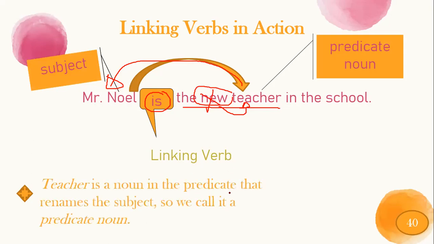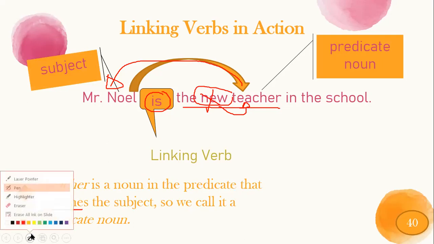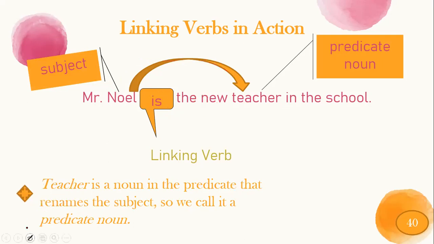Teacher is a noun in the predicate that renames the subject. I'm giving another name for the subject, so since it's a noun, I call it a predicate noun. So you see now what the linking verb does: it just links the subject to the predicate. It connects them together.